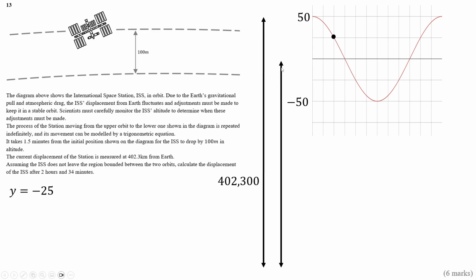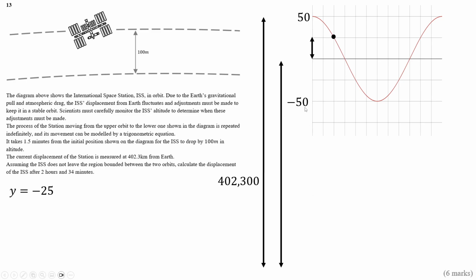So what we can do is get from here to here and then here to here. This is 25 plus the difference between this and that. I'm hoping you can see that.